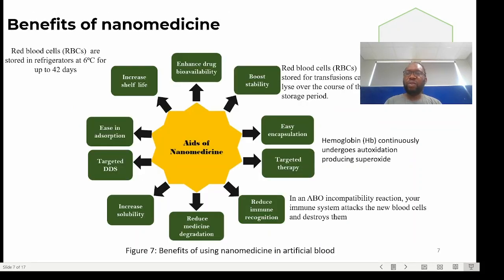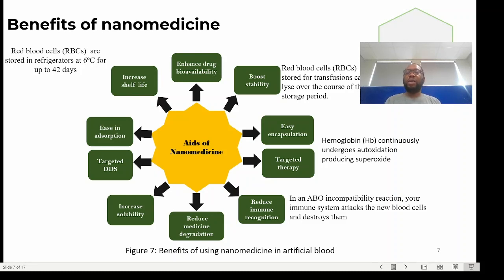So the benefits of nanomedicine, you can see that we've got different main features such as increased shelf life, increased drug viability, boosted stability, encapsulation, targeted therapy, reduced immune recognition, reduced medicine degradation, increased solubility, targeted drug delivery system, and ease of absorption.